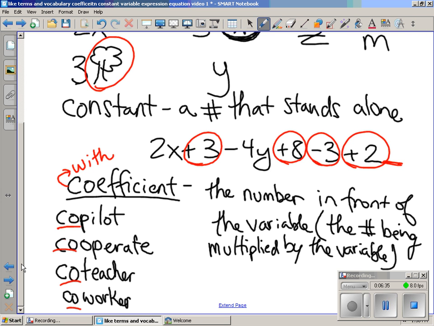So if we look at the example that you already wrote, the coefficient would be the 2 in front of the x. It would be the -4 in front of the y. And those would be the only examples because the 2 is being multiplied by the x. The -4 is being multiplied by the y.